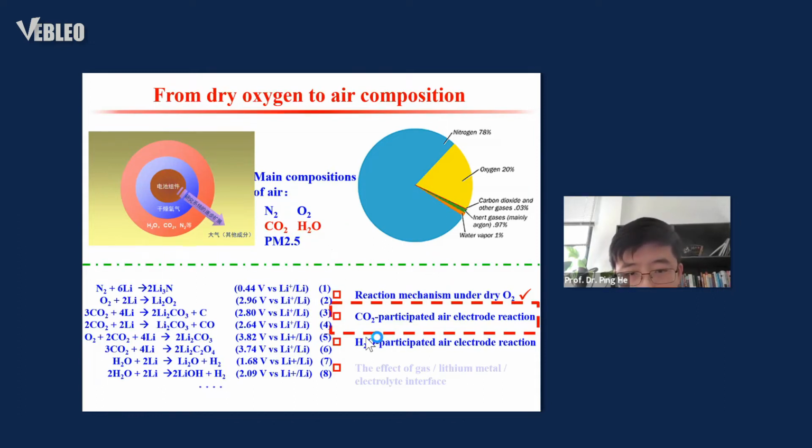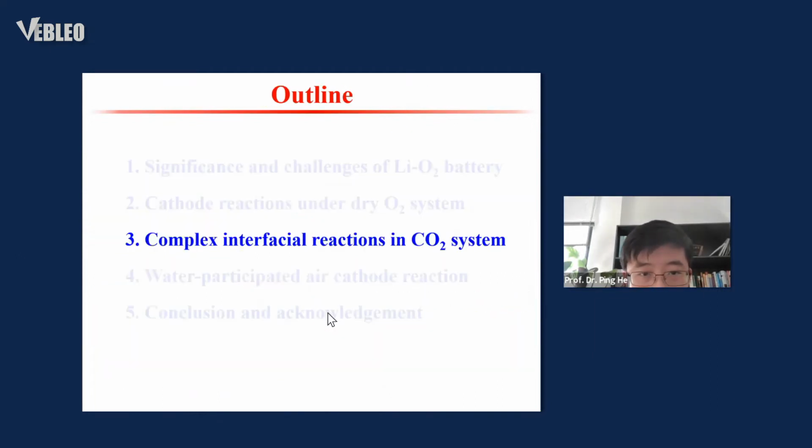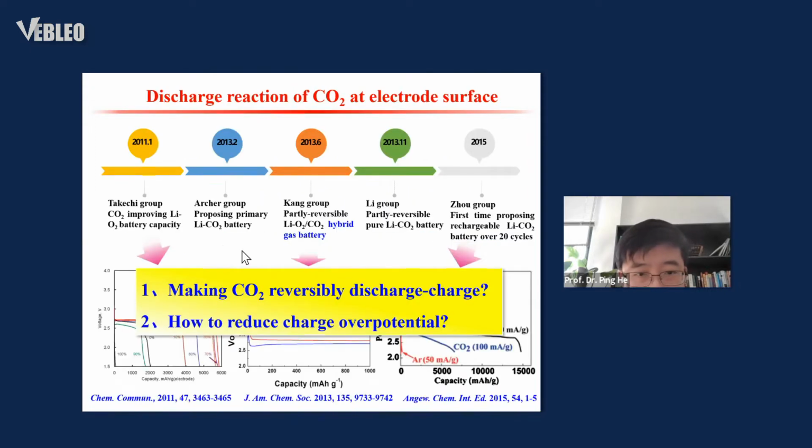For this topic, we will study the carbon dioxide participated oxygen cathode mechanism. Third, we will study the complex interface reaction in carbon dioxide. The first challenge is how we can make carbon dioxide reversible in discharge and charge.